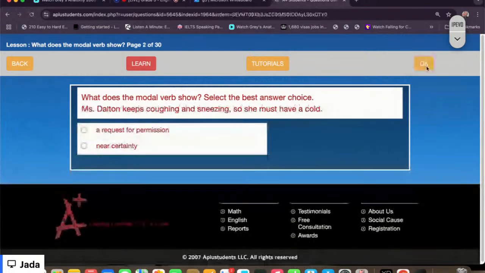So next we have Ms. Dalton keeps coughing and sneezing. So she must have a cold. A request for permission or near certainty?